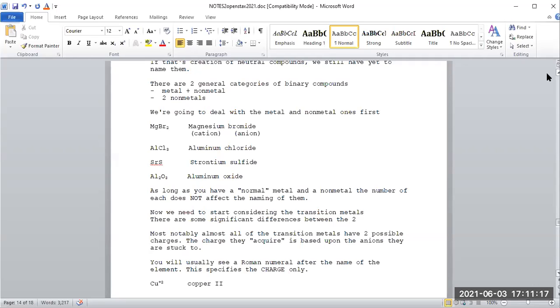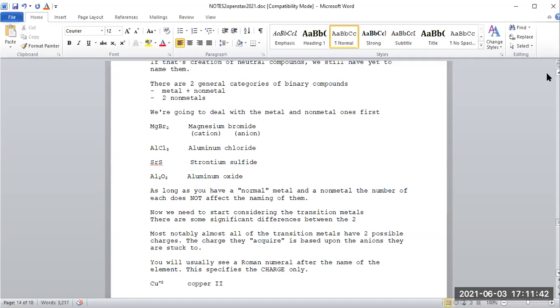The one that I showed you, the 2 pieces stuck together there. SrS, strontium sulfide. And my molecule that had the evens and the odds, Al2O3, is aluminum oxide.